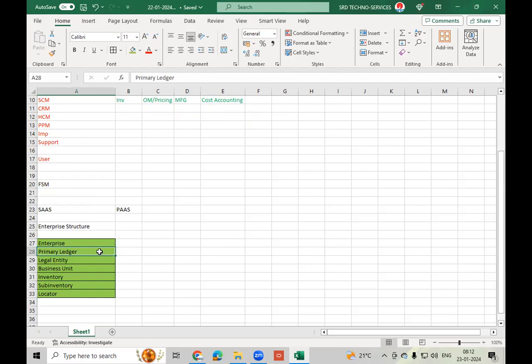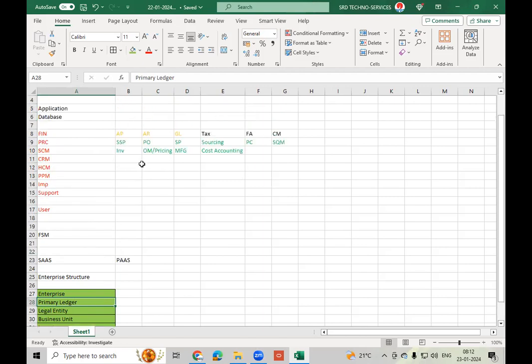Why is this primary ledger needed? In general, what would I answer in an interview when they ask what the primary ledger is? In the subledger applications, the source application can be anything, not only AP. It can be AP, tax, FA, CM, expenses, SSP, purchase order, self-service.